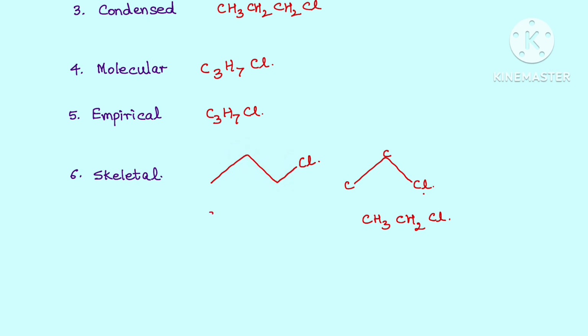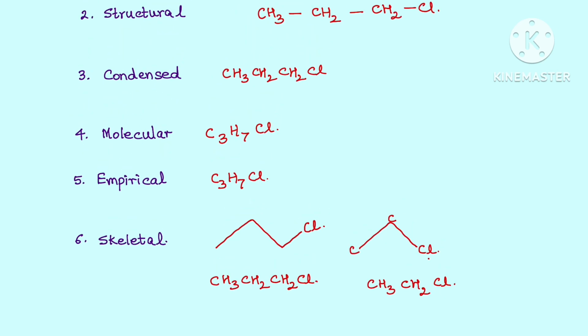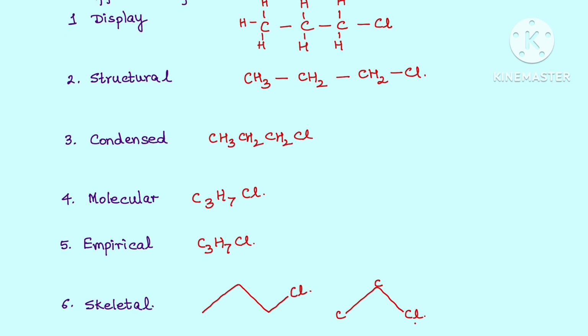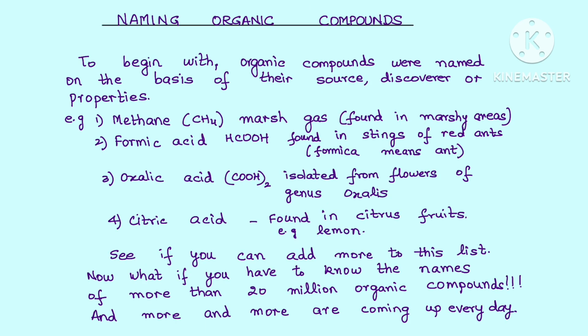So CH3, CH2, CH2 and a Cl. Okay, how many of you scored full over here? If you got all correct, it's time to now move on to the next video, that is naming organic compounds.